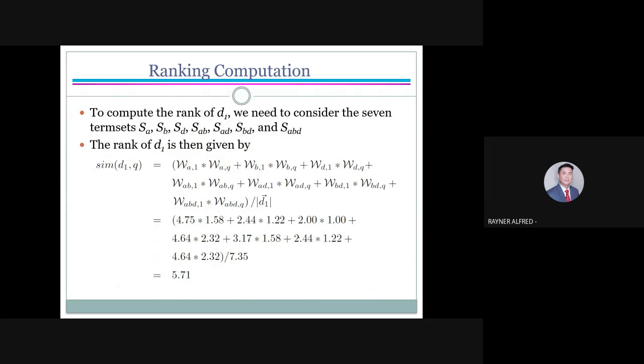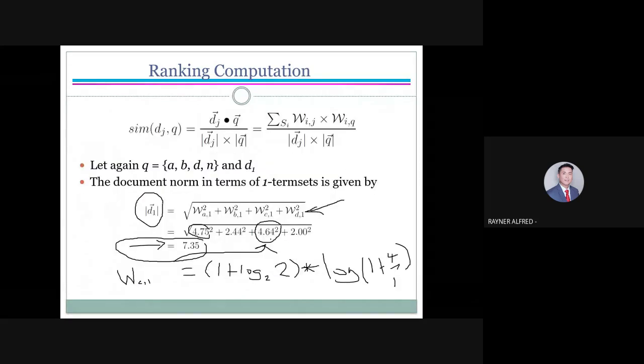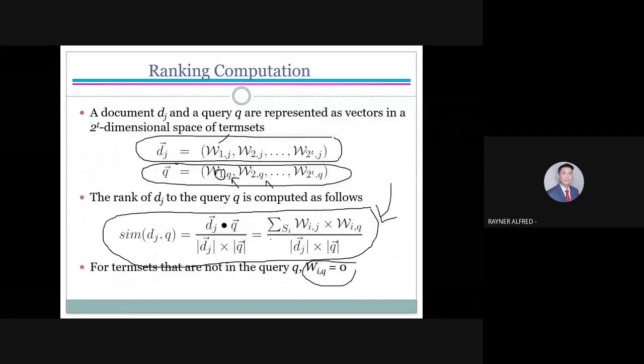Okay, so very straightforward, because if you look at the formula here, basically we take all the term set in document J and we multiply them with the weightage of the same term set in Q. And then we divide them by the length of the document times the length of the query.